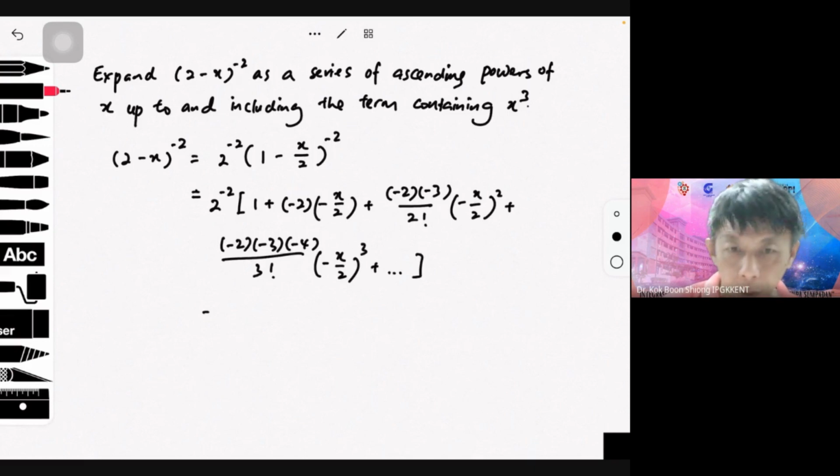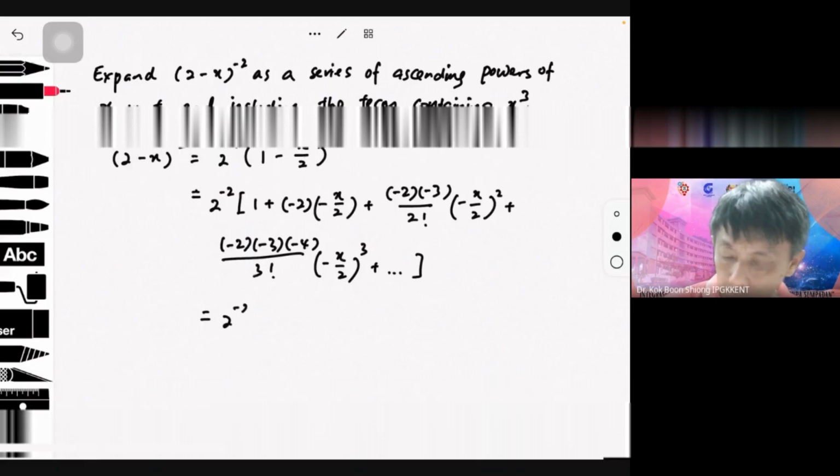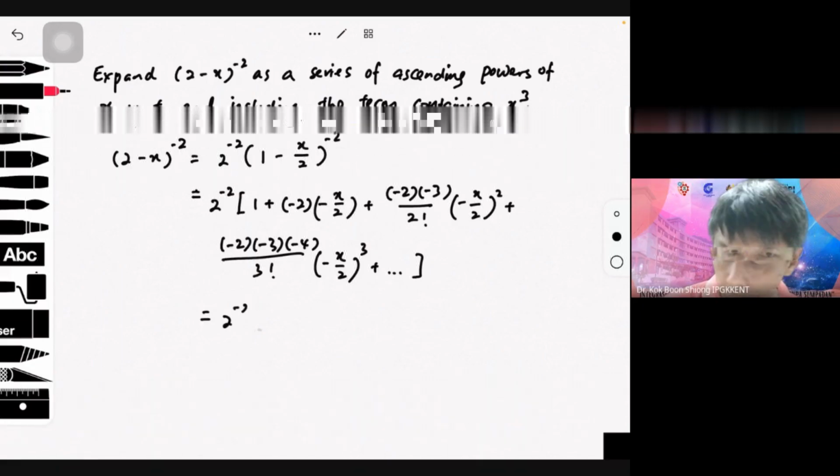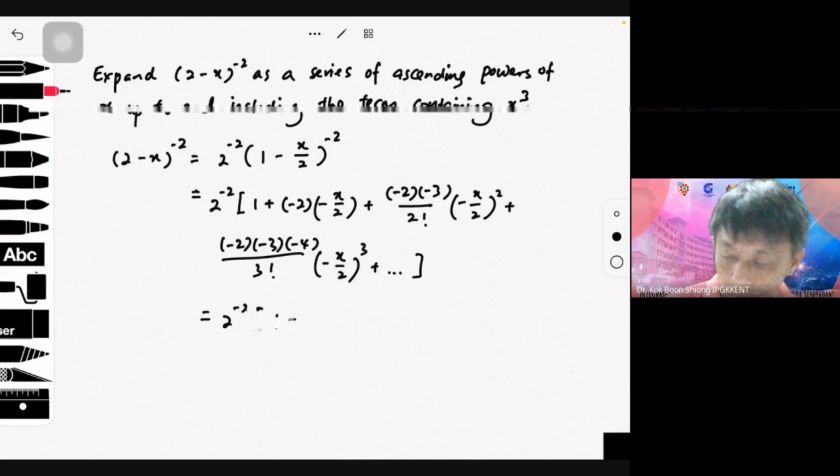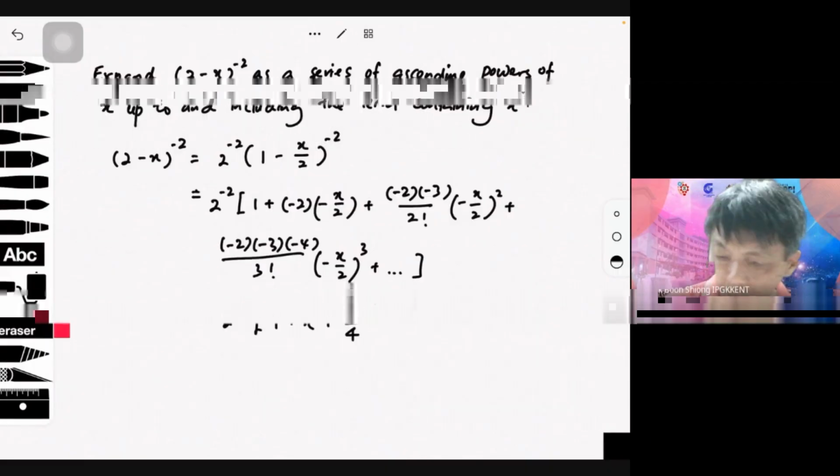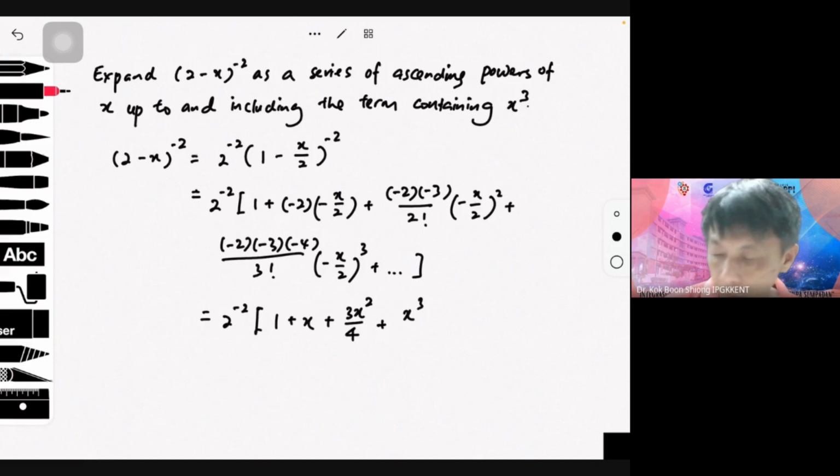Then we have 2 to the negative 2 times 1 plus x plus 3x squared over 4 plus x cubed over 2.